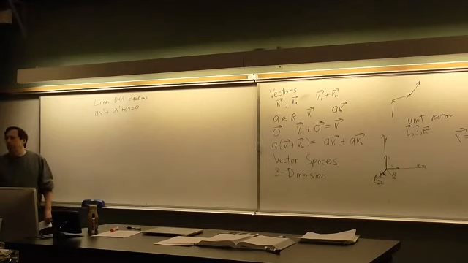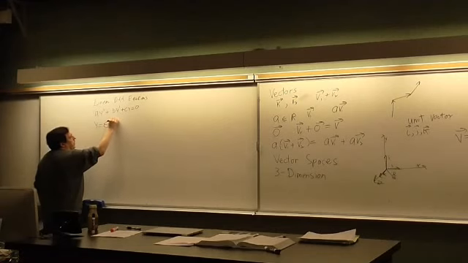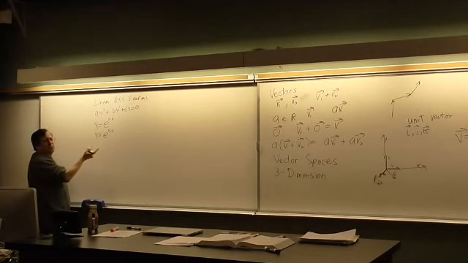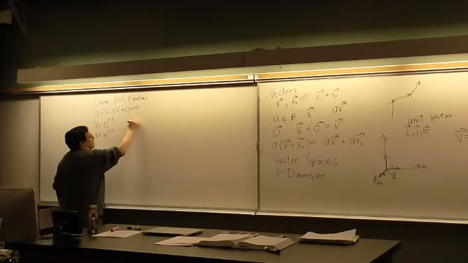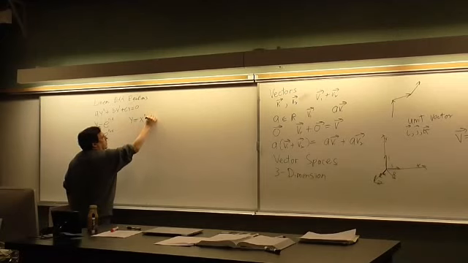The solutions of this, you have 2 solutions: y equals e to the r1 x, y equals e to the r2 x, unless r1 is the same as r2, and then you get y equals x e to the r x.